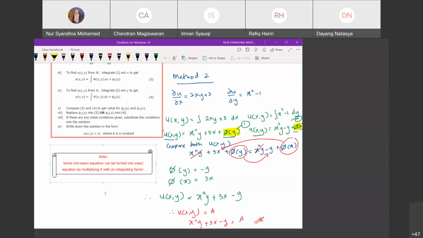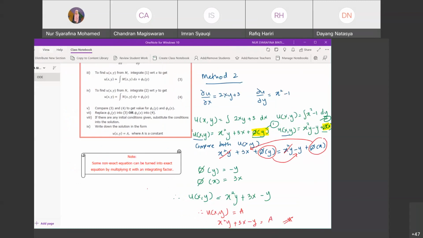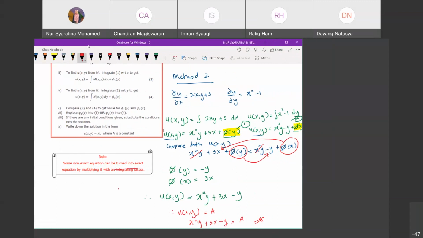First thing first, you need to prove the exactness of the function. But for a non-exact equation, you need to multiply it by an integrating factor before we can use the method here.